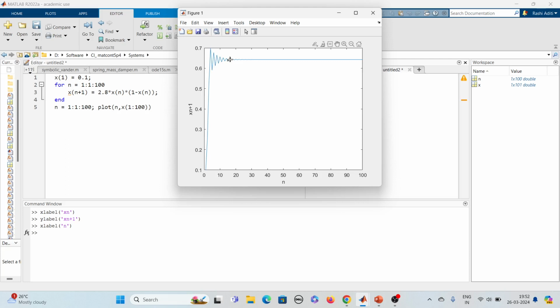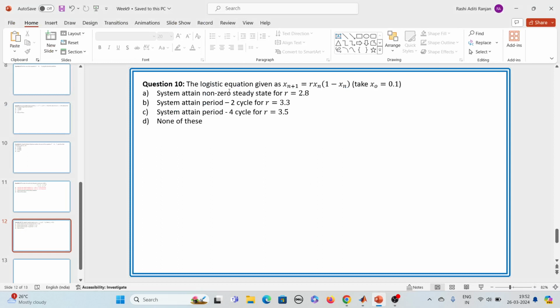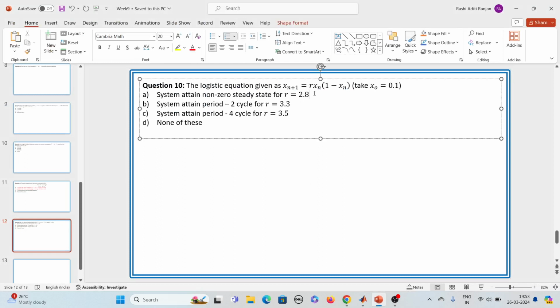However, the amplitude is reducing, and after a certain time it has attained a non-zero steady state. That is, with the further increase of the iteration, the population is going to remain the same. So the first option, system attains non-zero steady state for R 2.8, is the correct option.